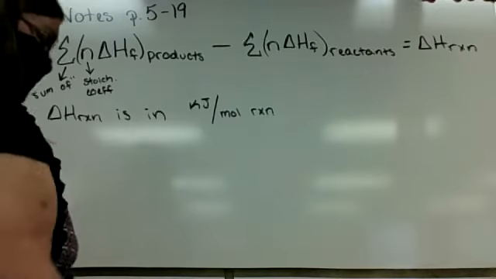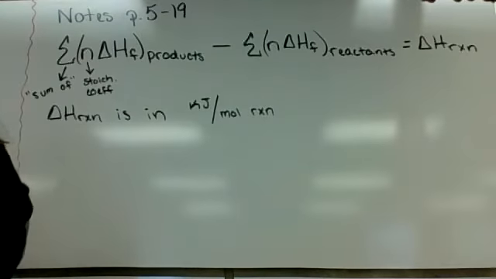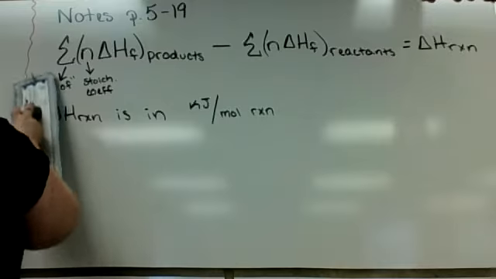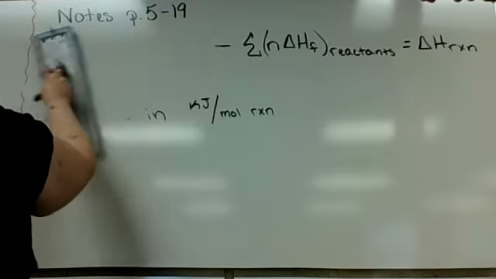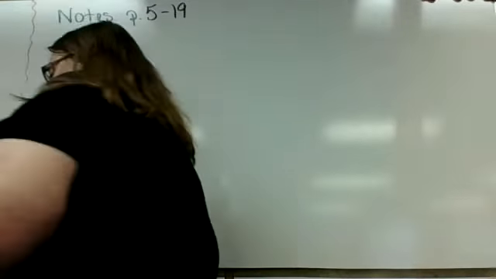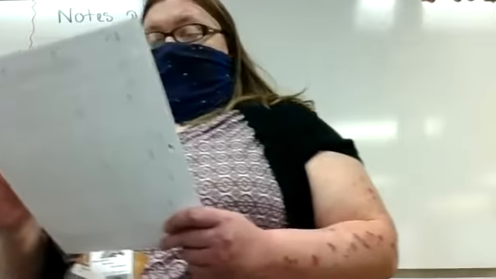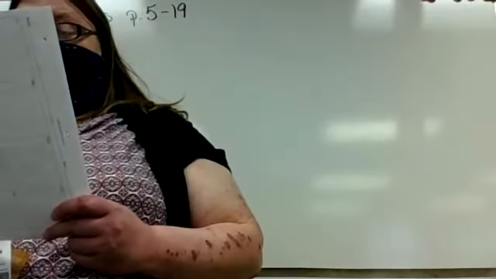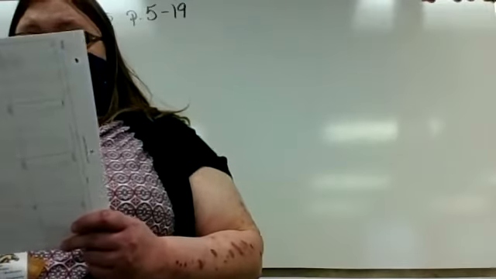We did number 1. How did that treat you? Did you understand it? I know I went quickly, but okay. So we're going to see a problem like number 5 on the problem set.